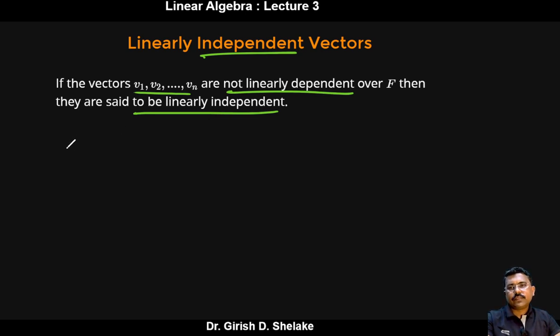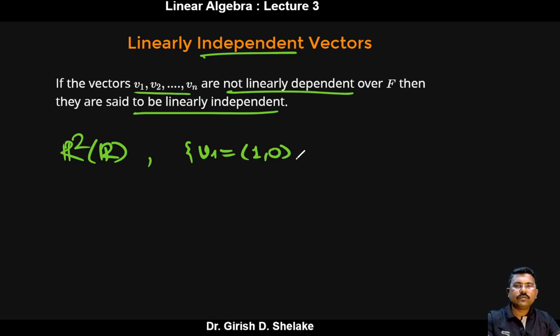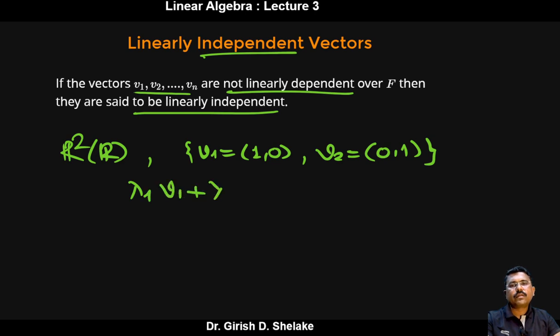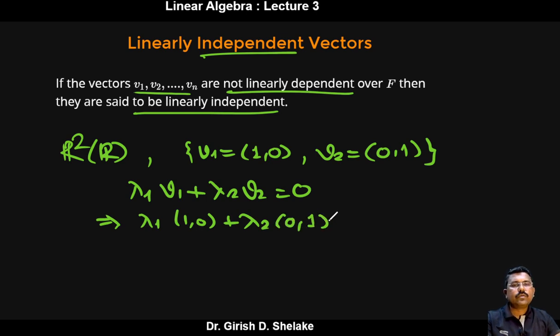Again, for example, if we consider the space R2 over R, and the set of vectors v1 equal to (1, 0) and v2 equal to (0, 1), then if we consider their linear combination lambda 1 v1 plus lambda 2 v2 equal to 0, this implies lambda 1 times (1, 0) plus lambda 2 times (0, 1) equals 0.